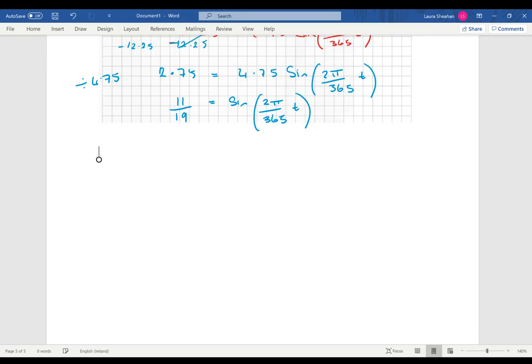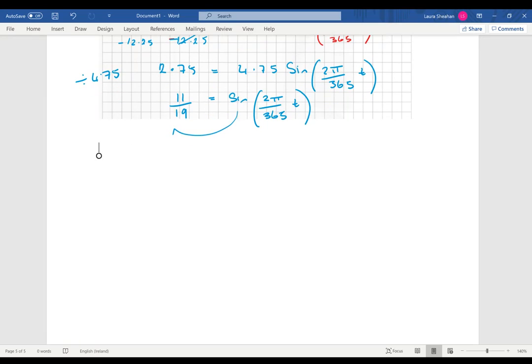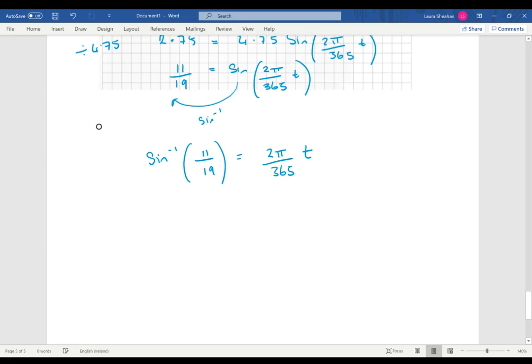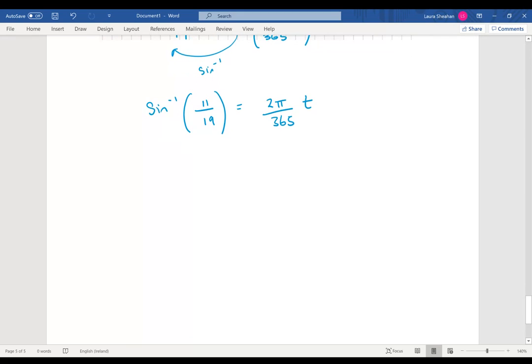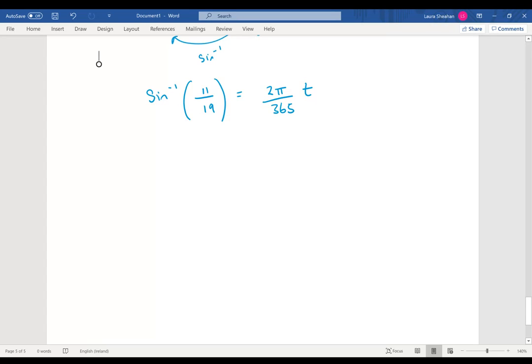Again, we've been doing this to get rid of the sine from this side, so to bring it over here, we go sine inverse. So sine inverse 11 over 19 is equal to 2 pi over 365 t. This is where it is certainly going to be easier to do this in degrees, and I'm not asked specifically to use either, so I would use degrees here.